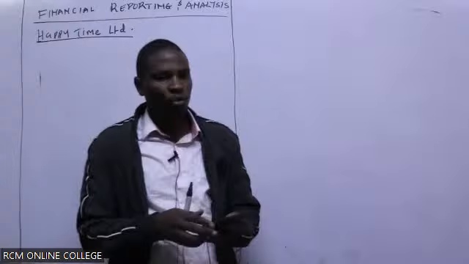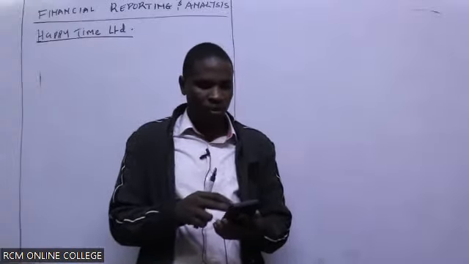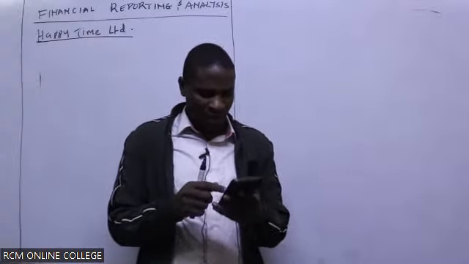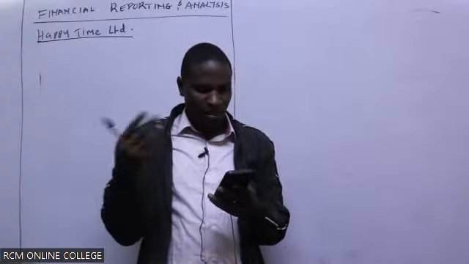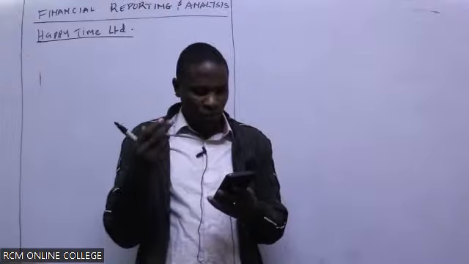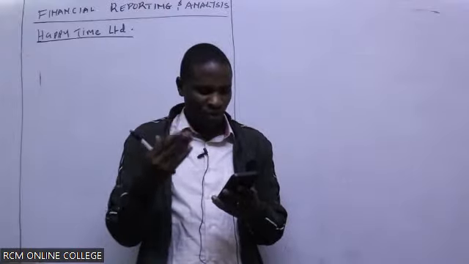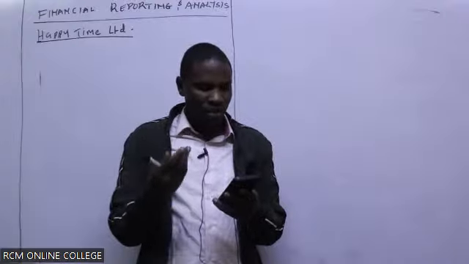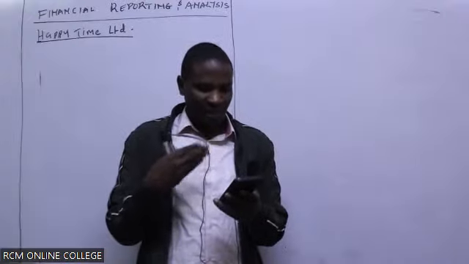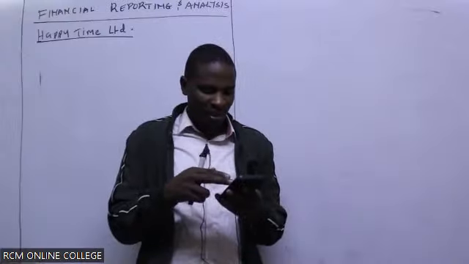Therefore, thank you so much for that. So we can see those items. The items are very well indicated there, starting with the PPE, going to current assets, where we have all those items. And then what else do we have? We have equity and liabilities until the end. Then the examiner was very fair here.